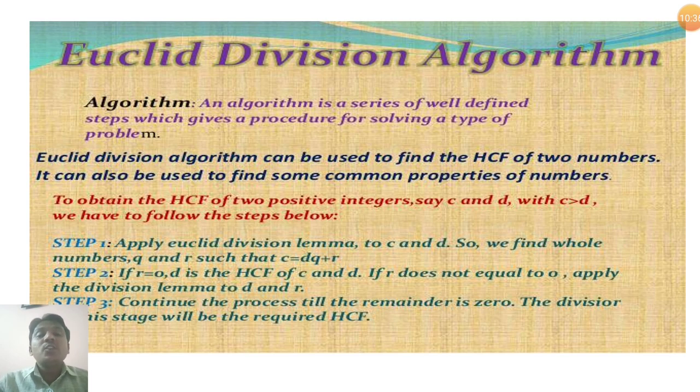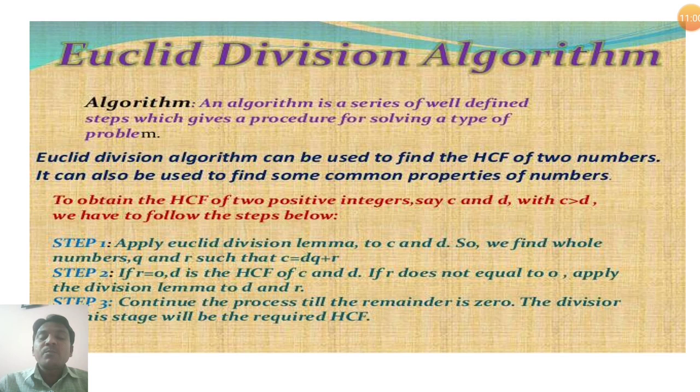An algorithm is a technique to solve a type of question. For example, Euclid's division algorithm can be used to find the HCF of two numbers. This is a technique to find the highest common factor of two numbers. It can also be used to find some common properties of numbers.